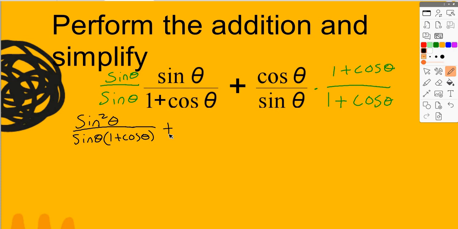When I have something in the front of a parentheses, what do I do? Distribute it. Yeah, so I have to multiply it to both of those things. So I have cosine of theta plus cosine squared of theta.